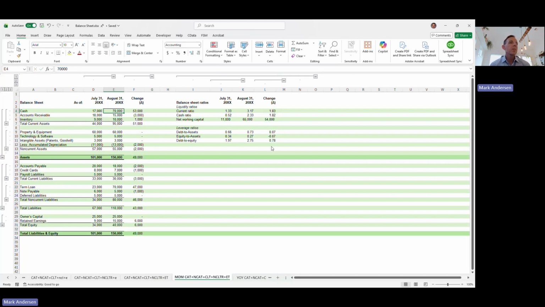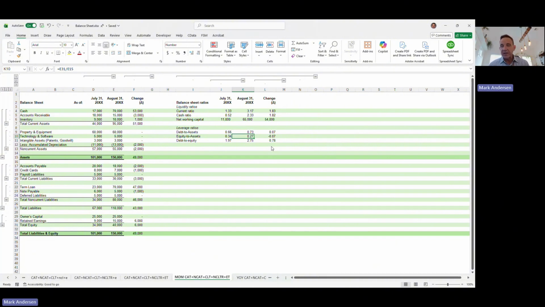All right, so look at what that does to our equity to assets ratio. It went from 40% to 27%.